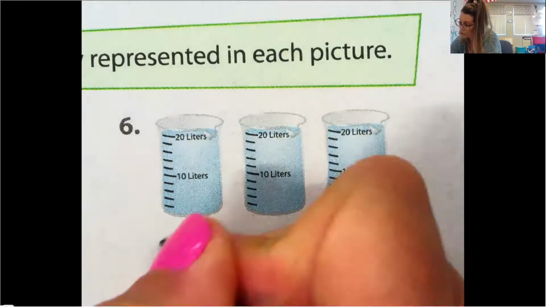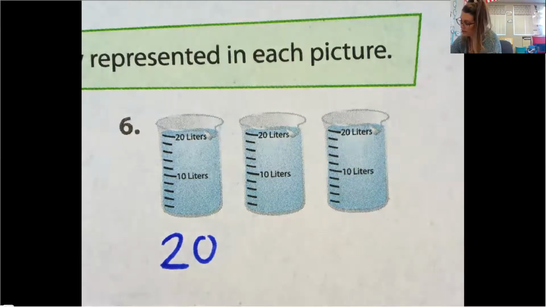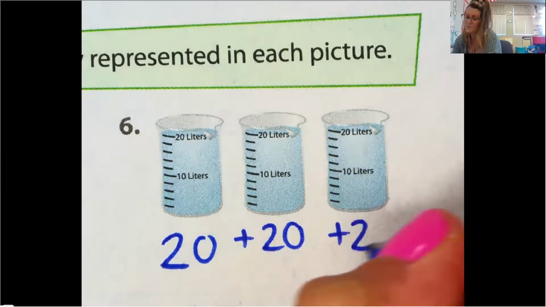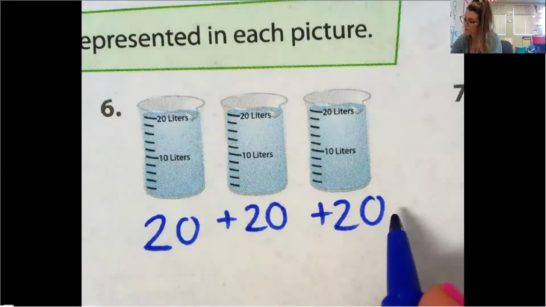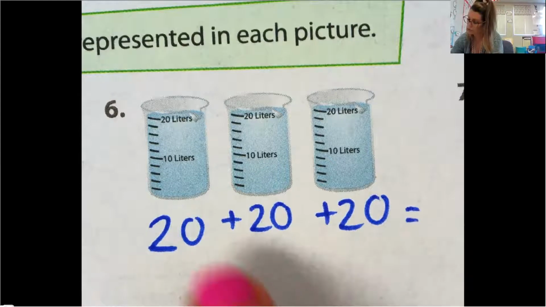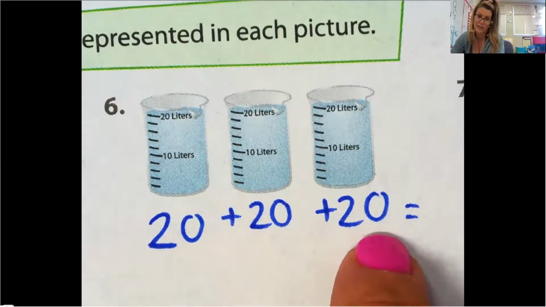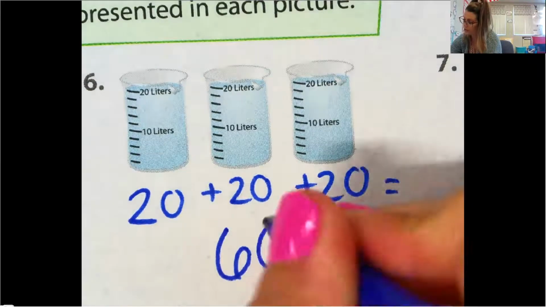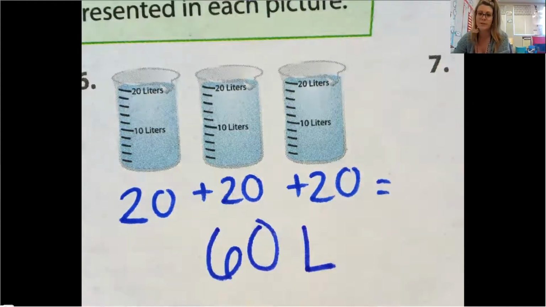So we've got 20 plus 20 plus 20. What's 20 plus 20 plus 20? Well, 2, 4, 6, add our super zero, 60 liters.